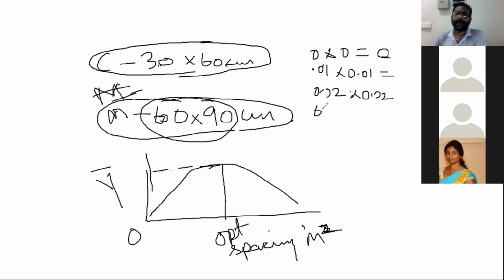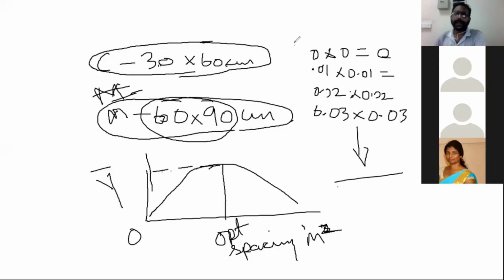So likewise 0.03 into 0.03. So likewise we can increase the spacing. We can go up to any number of spacing. So this is how we do the research, right? So this is called as spacing trial.